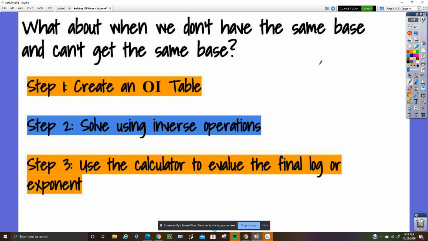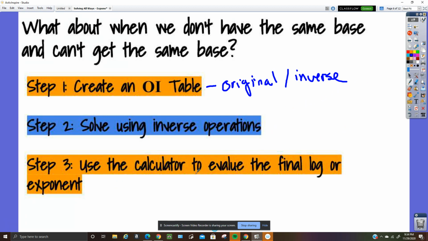Whoops, skip the slide here. So when we don't have the same base, you create a y table that stands for original inverse, the do and undo table. Then you solve using inverse operations, and you can use a calculator if you want the decimal equivalent.